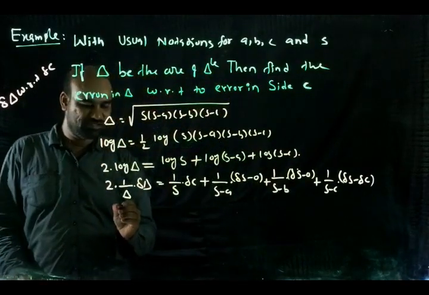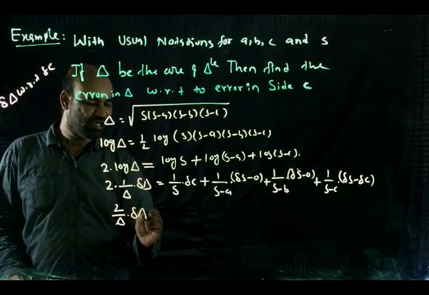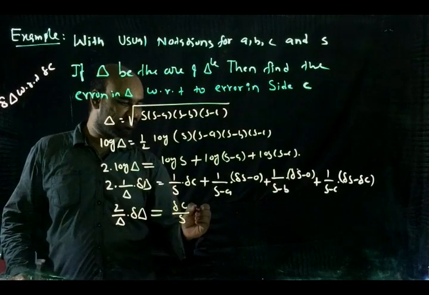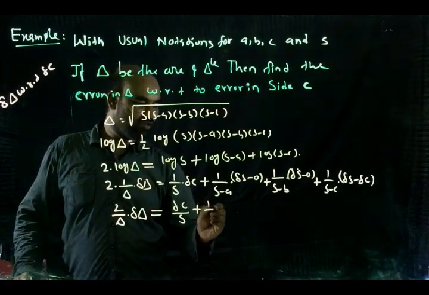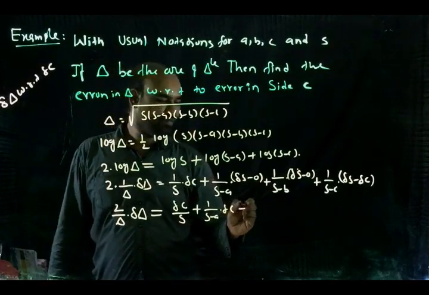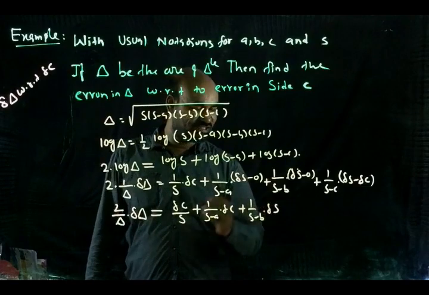So what happened here? 2 delta into delta is equal to delta C by S plus 1 by S minus A into delta C plus 1 by S minus B into delta S.